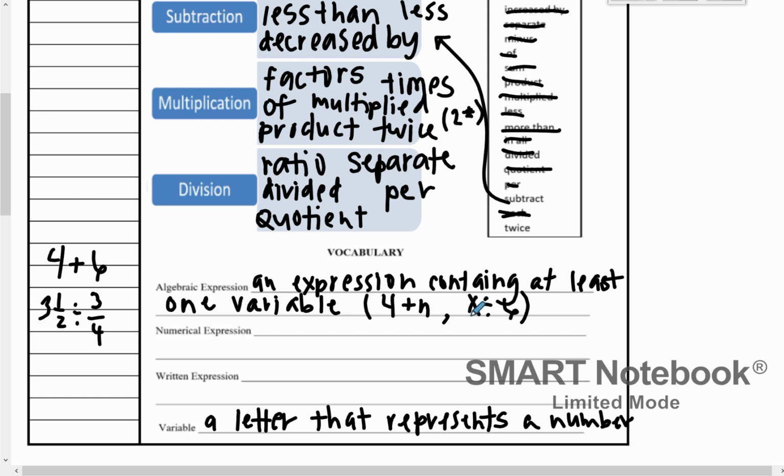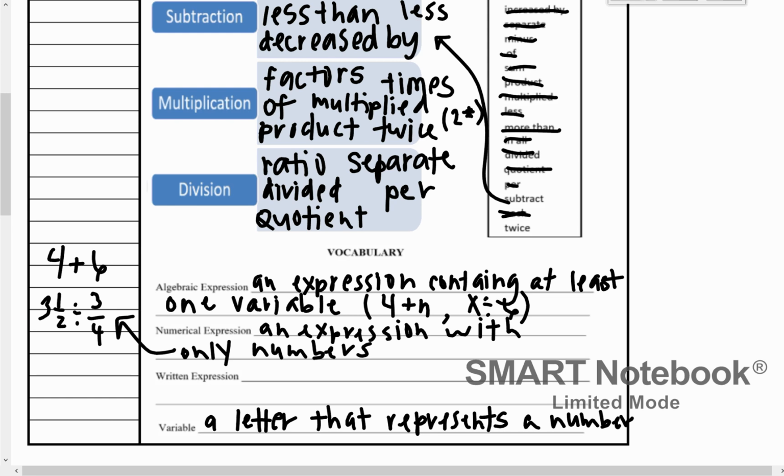All right, well then there's numerical expression. So this is an expression with only numbers. Okay, and examples of that are what I just kind of showed you over here.